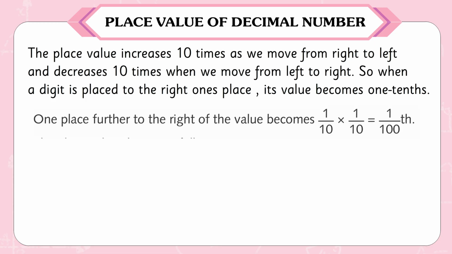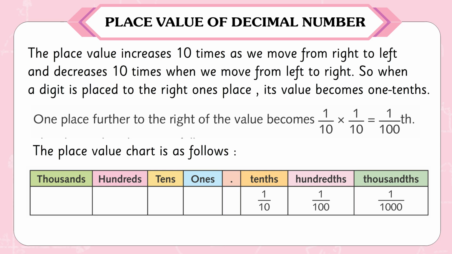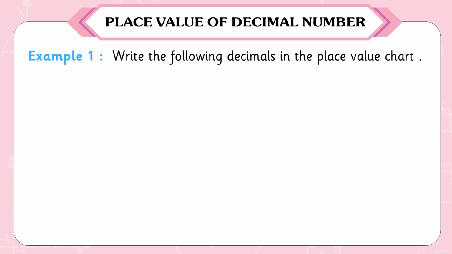One place further to the right, the value becomes 1/10 into 1/10, which is equal to 1/100th. The place value chart is as follows: thousands, hundreds, tens, ones, point, tenths, hundredths, thousandths, 1/10, 1/100, 1/1000.